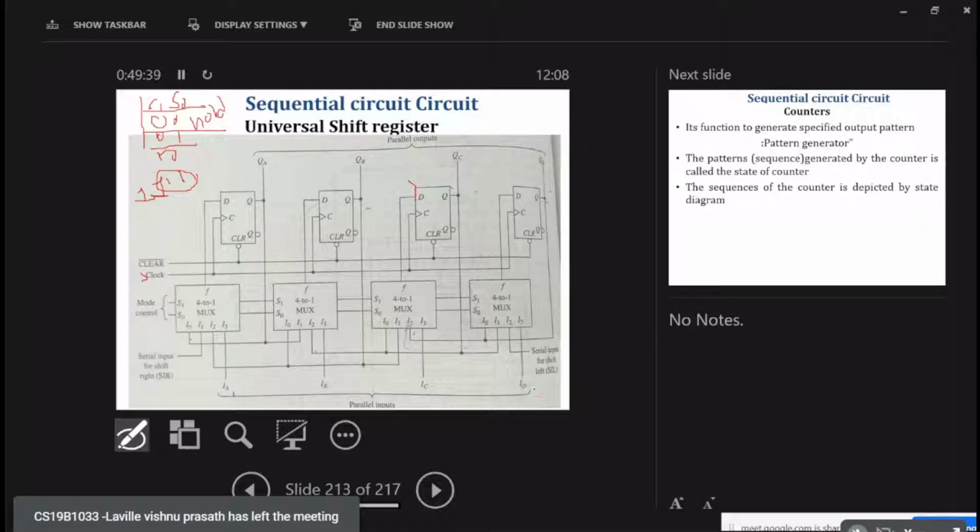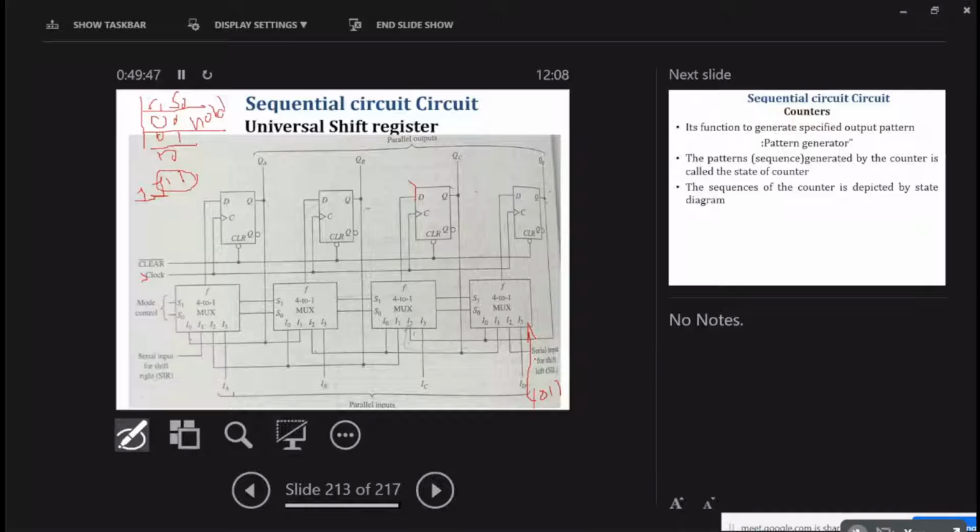So if the data is 1 0 1 1, suppose this is going inside, we want the whole data to be shifted this way. So what we want is 1 0 1 1.